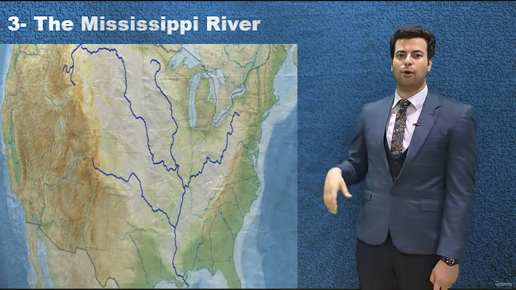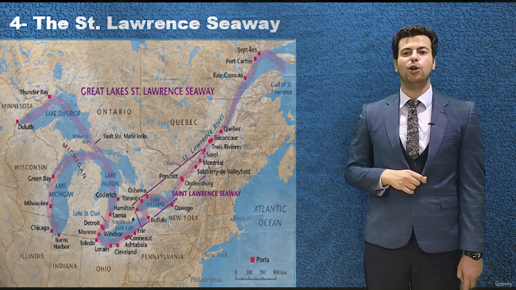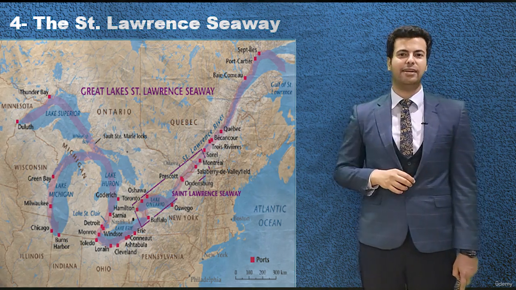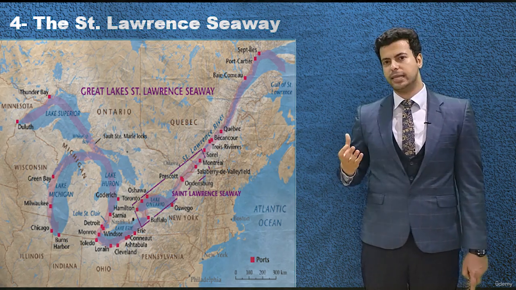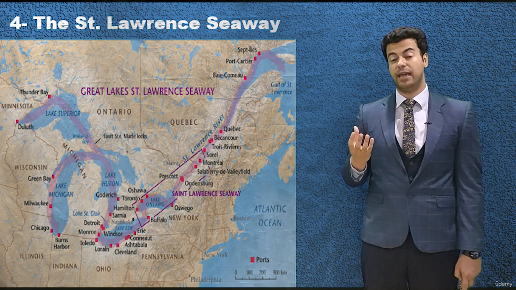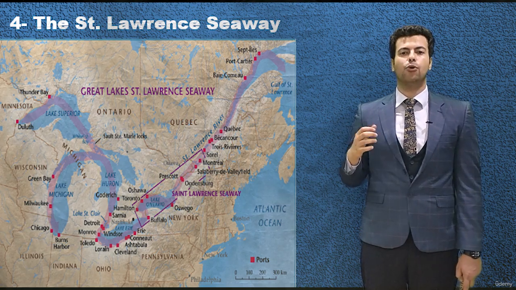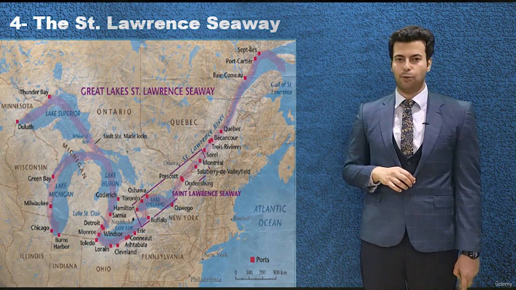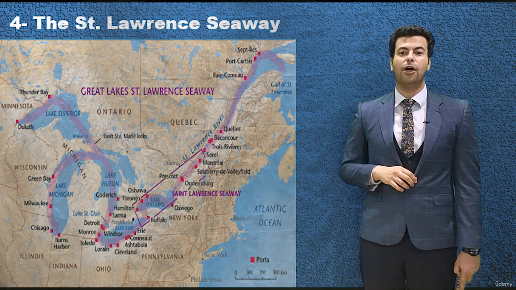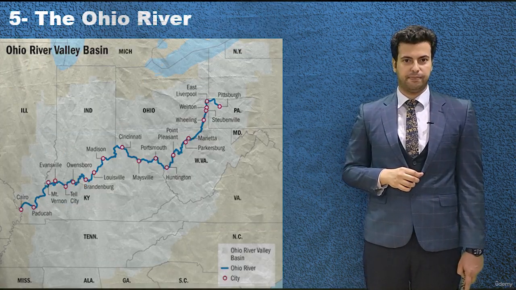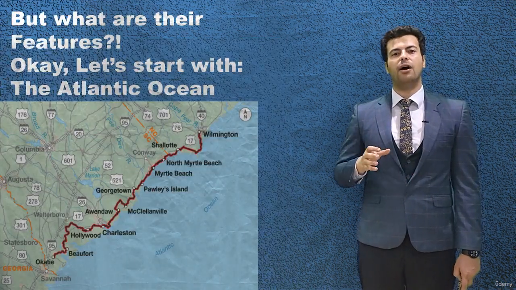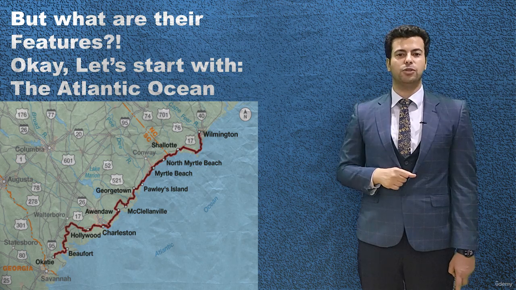So we say it divides the United States. The St. Lawrence Seaway, and St. here, guys, does not mean strait. St. is the abbreviation for saint. So this is the St. Lawrence Seaway. The Ohio River. What are the features of these bodies of water?